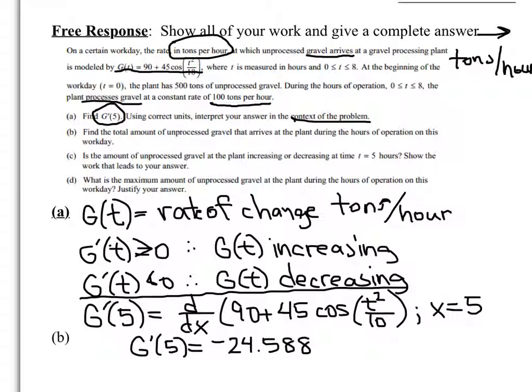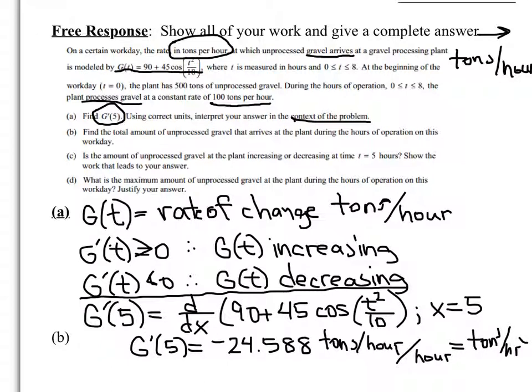Now, what would be the units? Since g of t is tons per hour, we're actually finding the derivative of that. So we're actually going tons per hour over hour, because you're finding the slope. So that equals tons per hour squared.